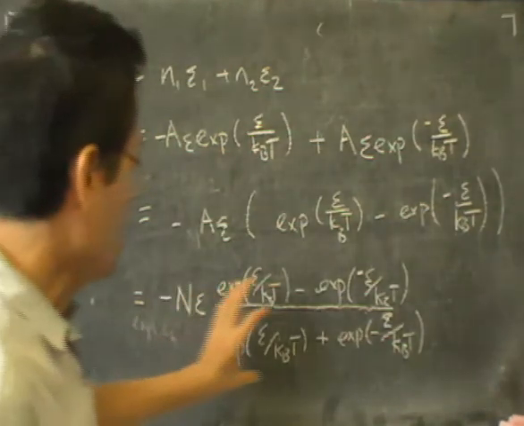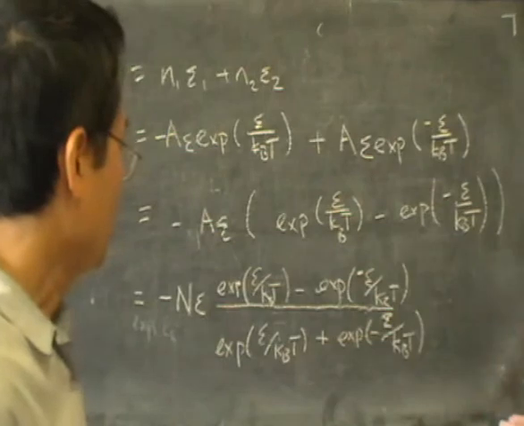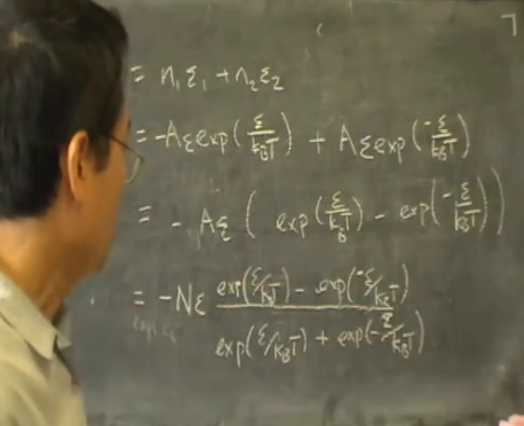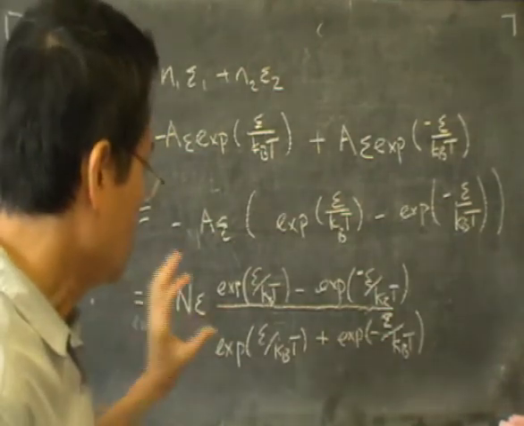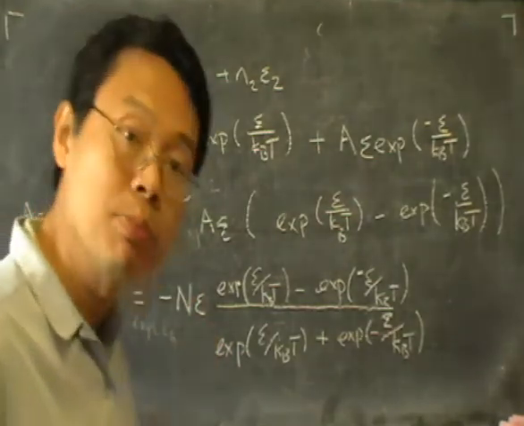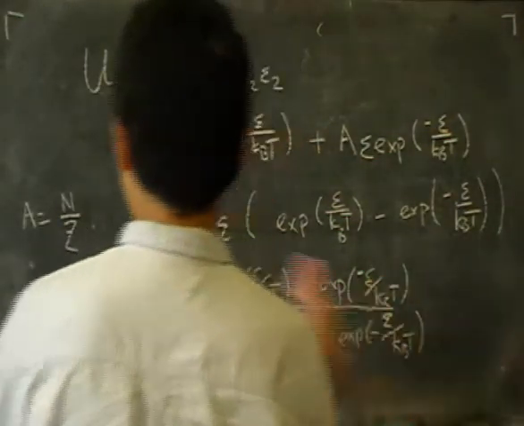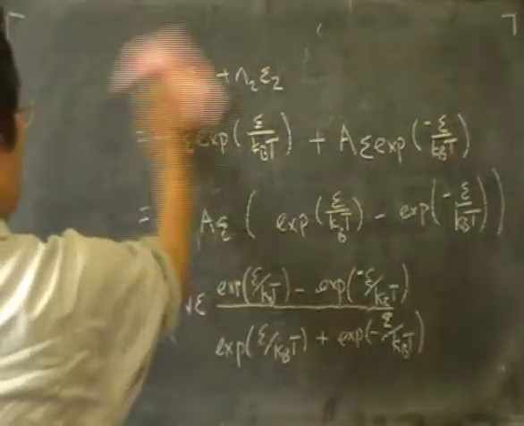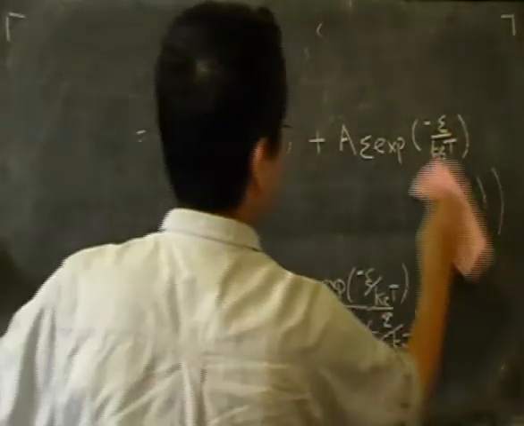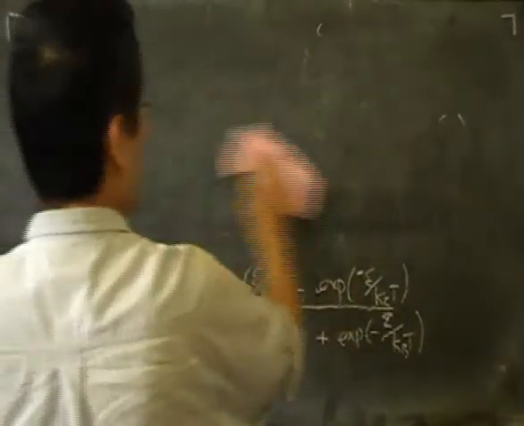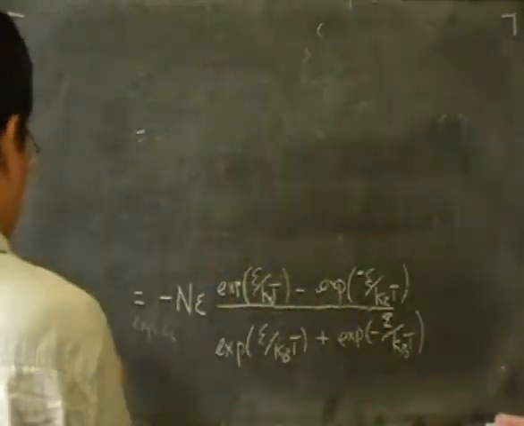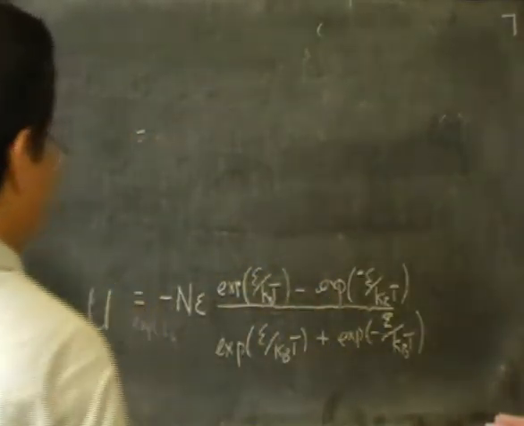Now, if you look at this, you might recall that this looks the same as the expression for the hyperbolic tangent. So this is the U that we have.